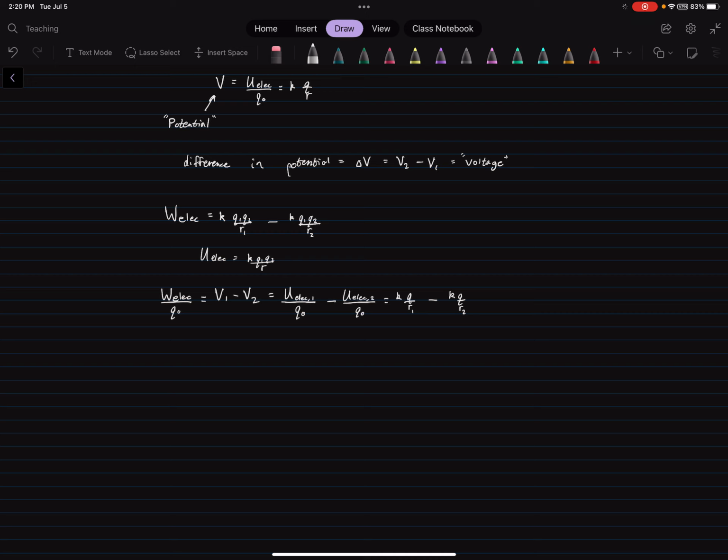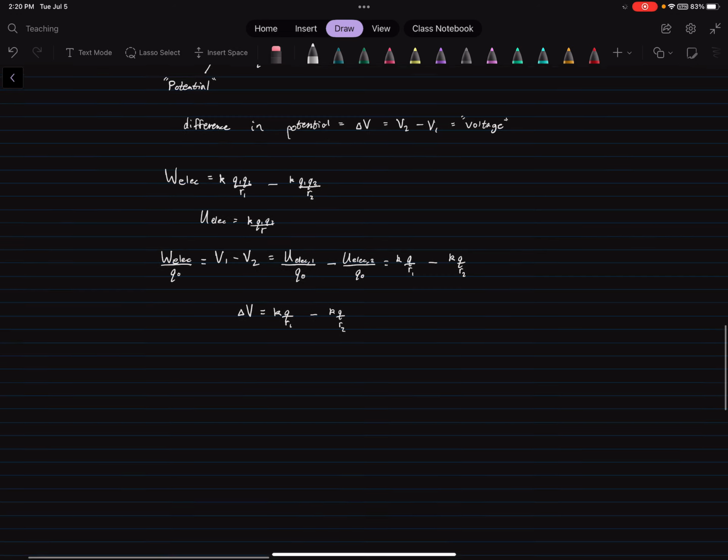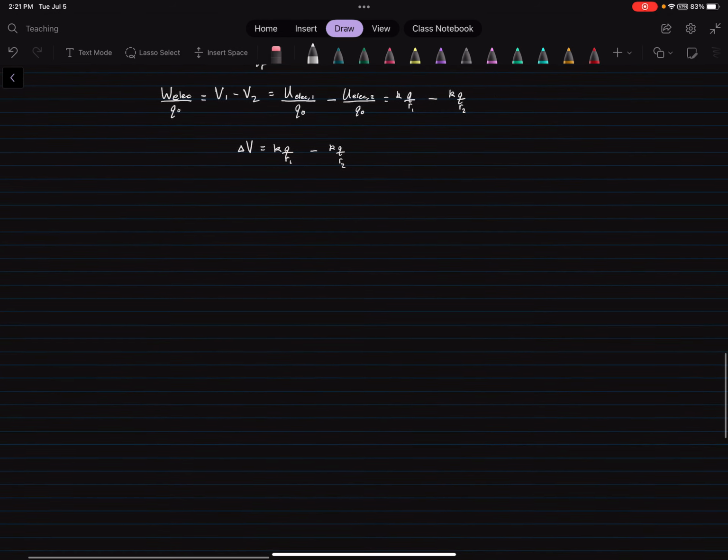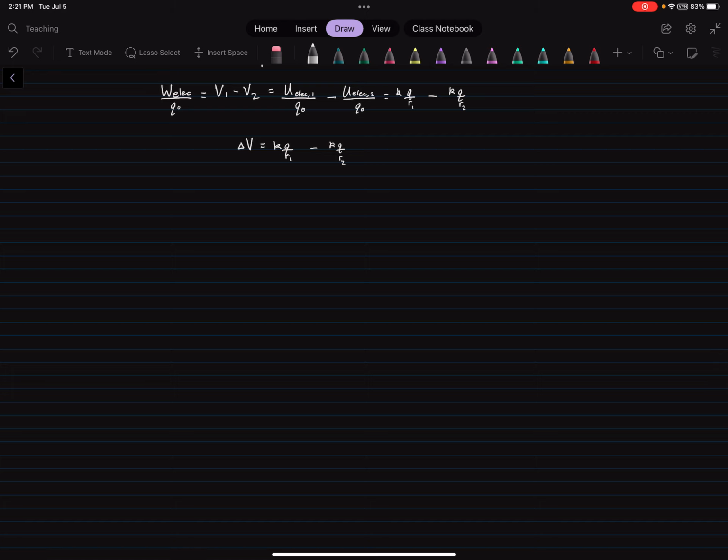So we can write the difference in potential of a point charge as KQ over R1 minus KQ over R2. That'd probably be the most useful and concise way to describe it, but those are all true.